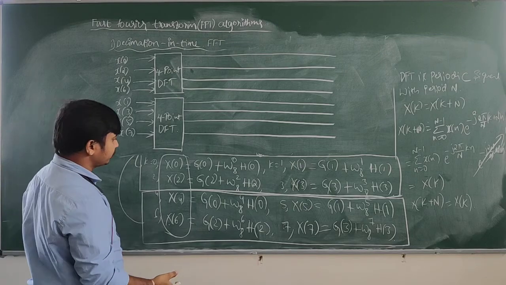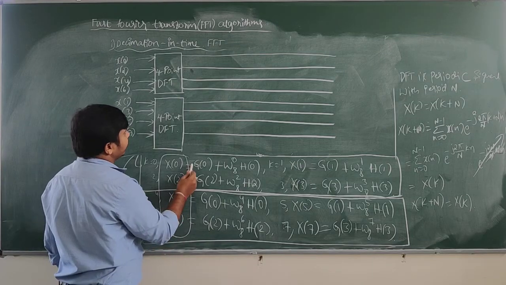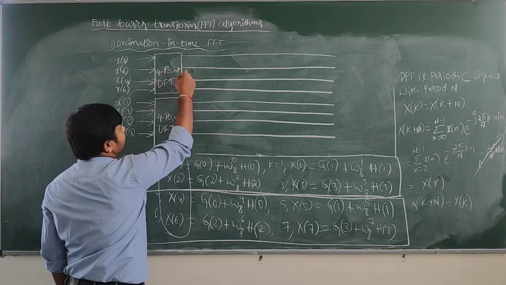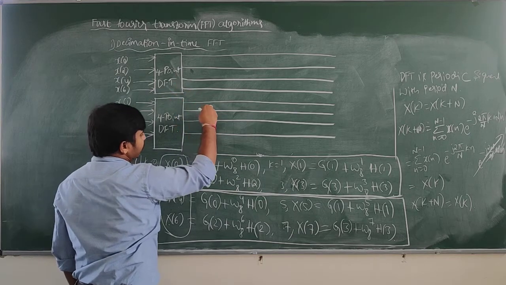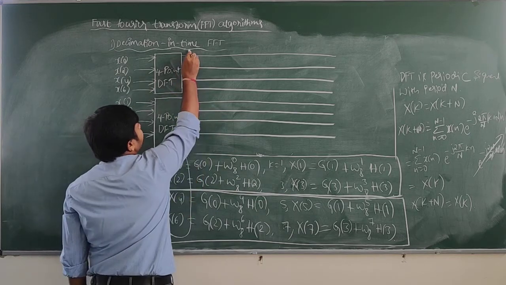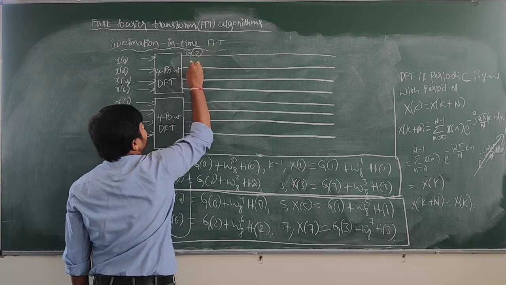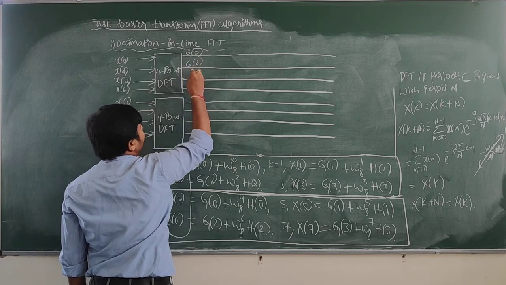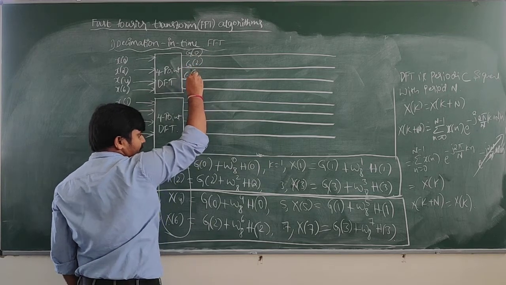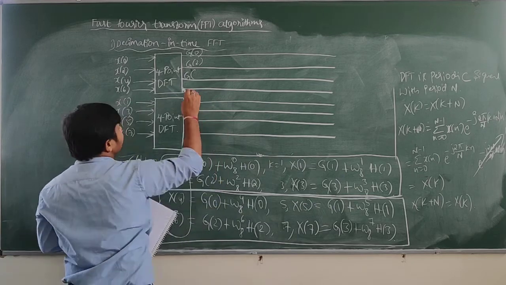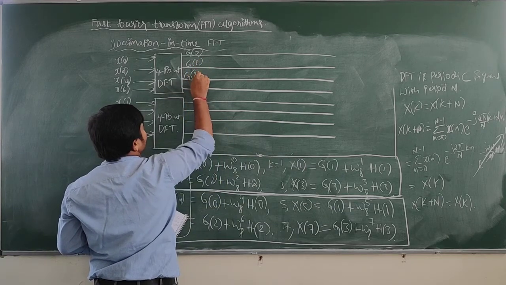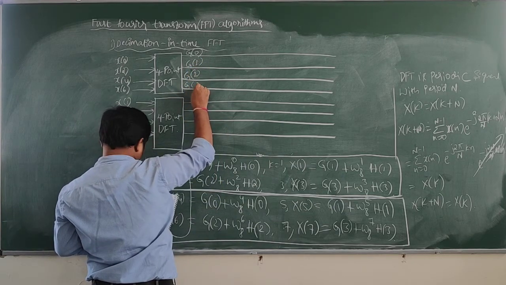So now I will take the outputs of this 4-point DFT. In terms of G: G of 0, G of 1, G of 2 and G of 3.